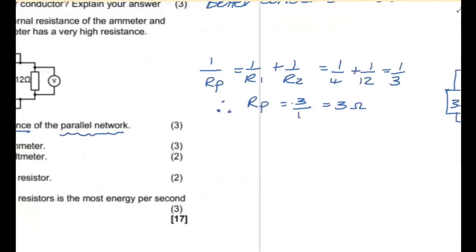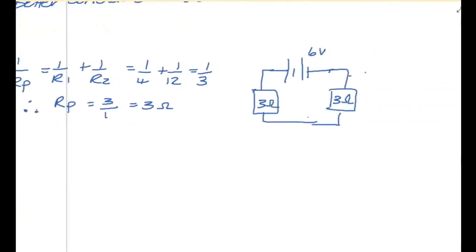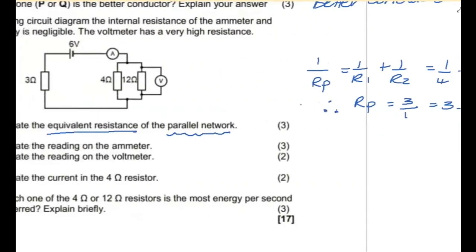So instead of this parallel branch, I could have put one 3 ohm resistor, and I would have had the same current in my circuit and the same voltmeter reading. Okay, so that's what it means by equivalent.